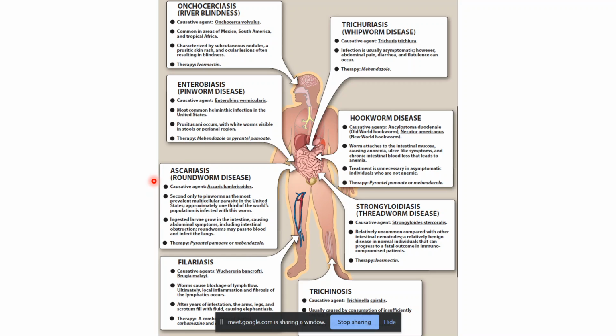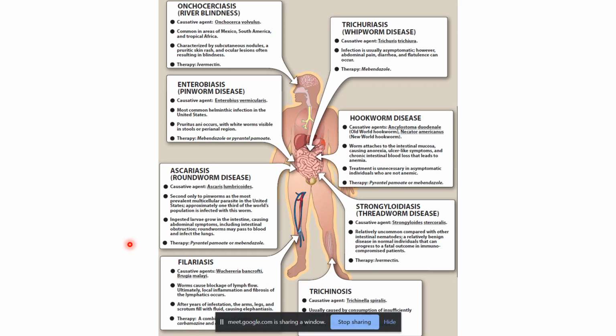Ascariasis is the second most common after enterobiasis, and the disease is caused by Ascaris lumbricoides, and this is ingested by food or on dirty hands, and then growth in the intestine leads to abdominal symptoms, and then roundworms might pass to blood and then eventually to the lungs.